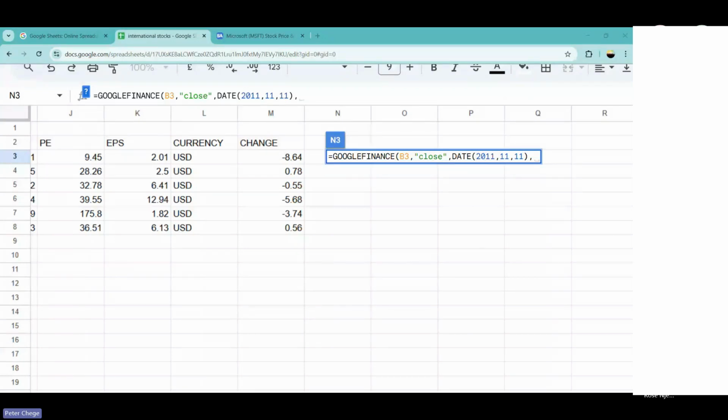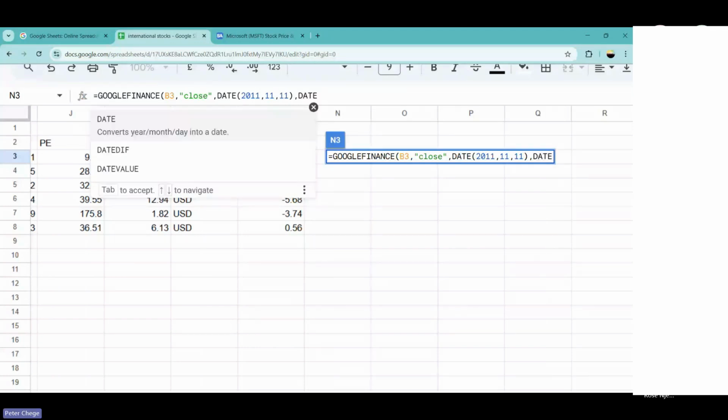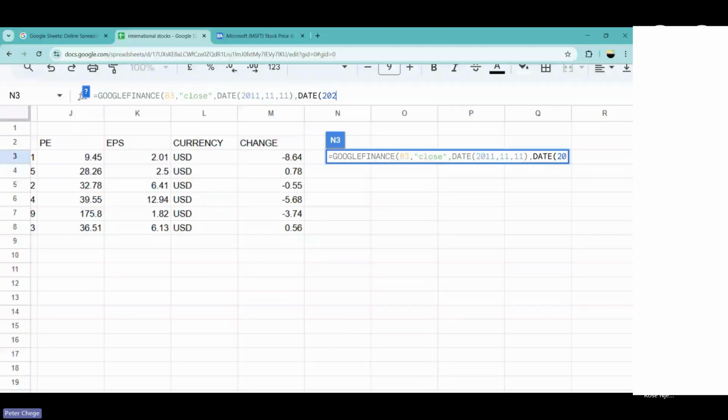We can use the current date. So DATE, today's date is 2025, 07/18. So that's one formula.